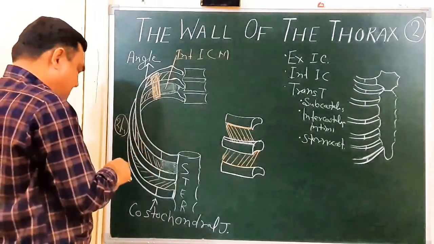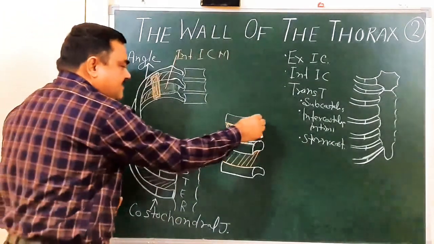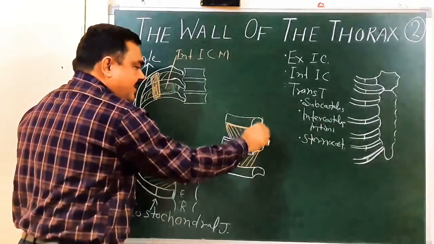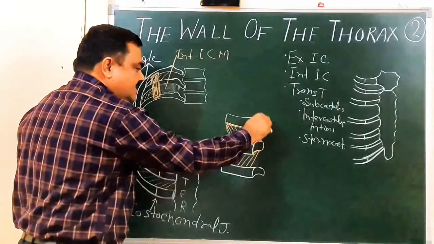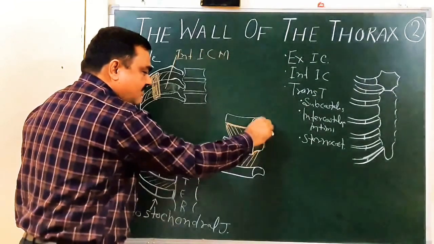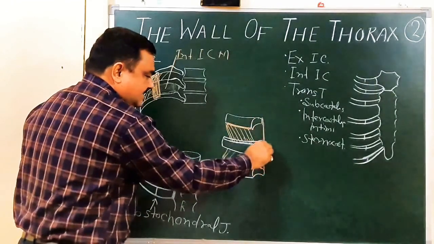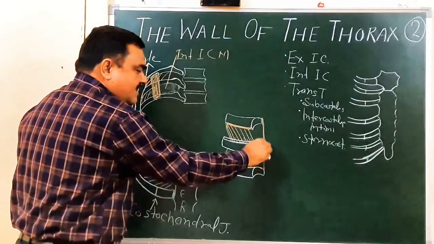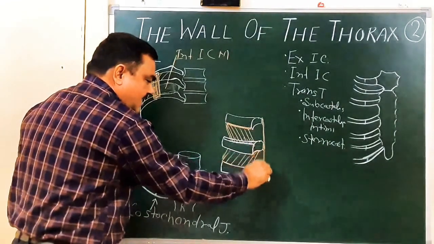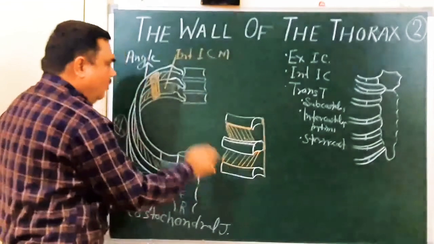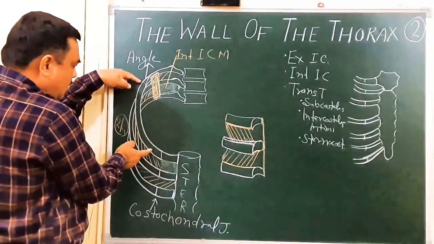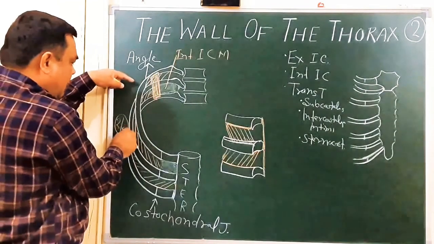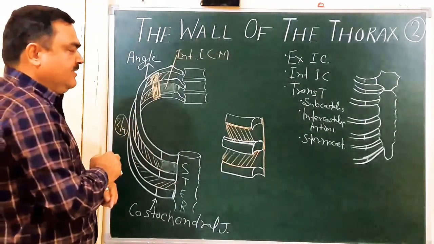It takes origin from inner surface of upper rib and is inserted on inner surface of lower rib, like this, and extends in the middle 2/4 of the intercostal space.